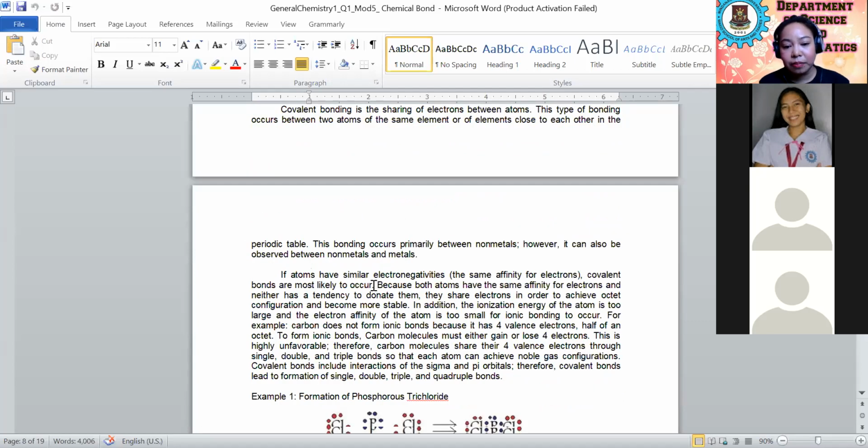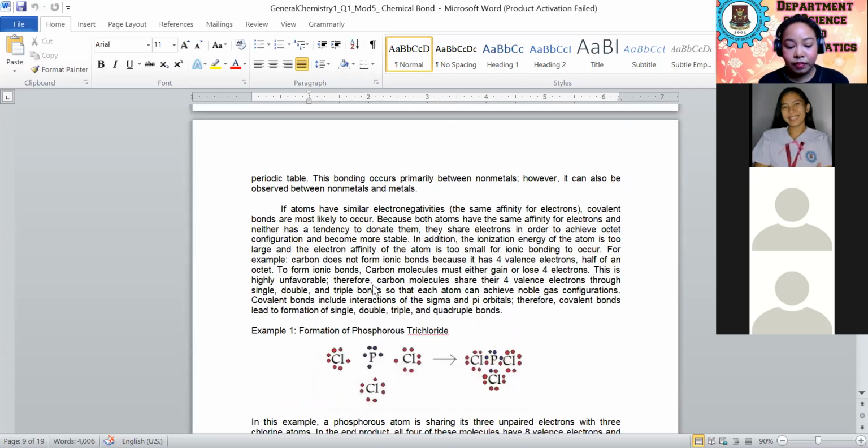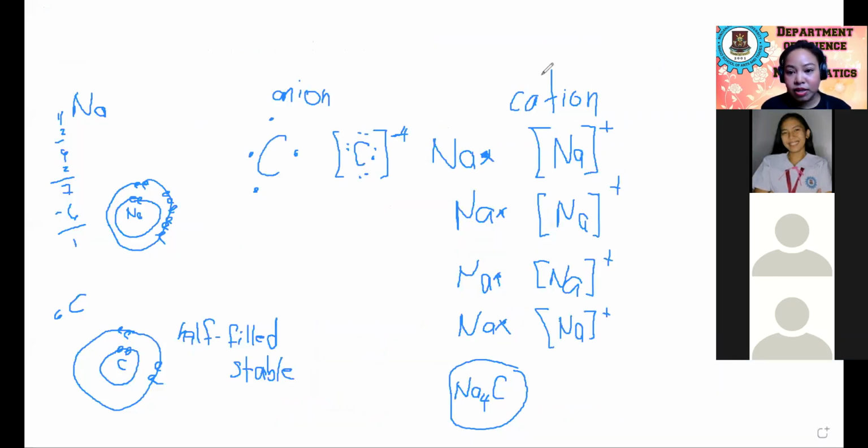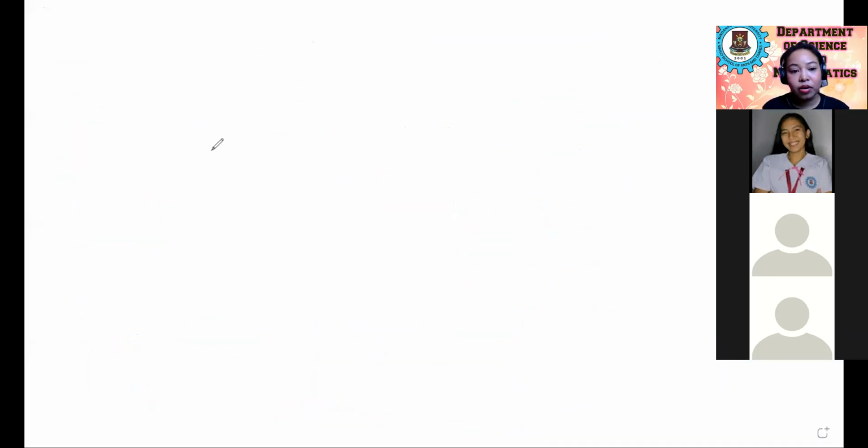Now, say for example, we will have another set of example. Carbon again and hydrogen. How many dots are there for carbon?